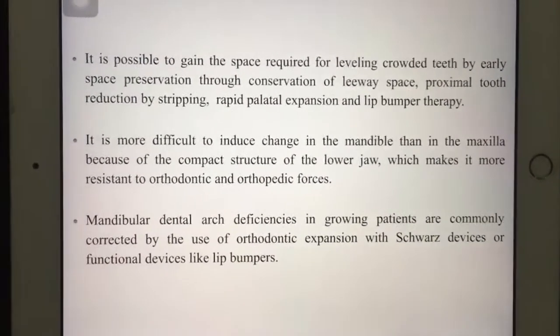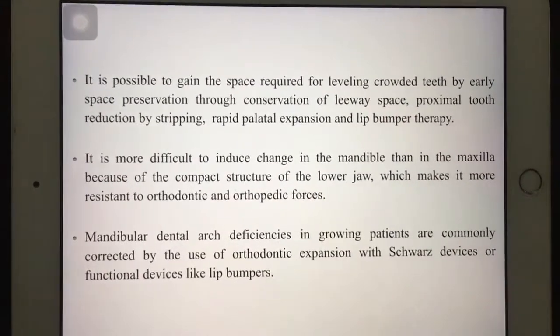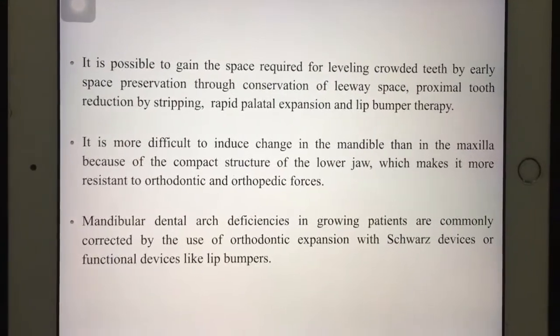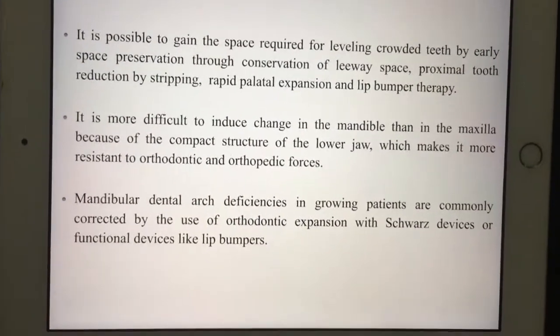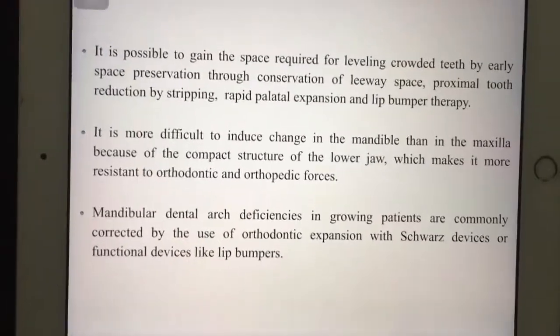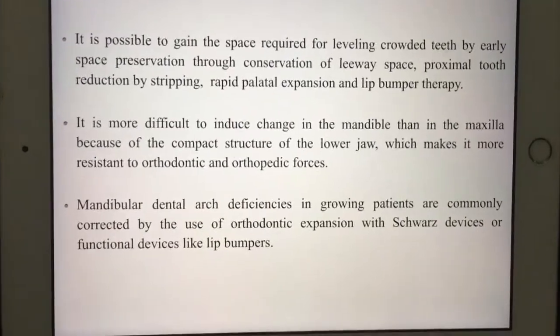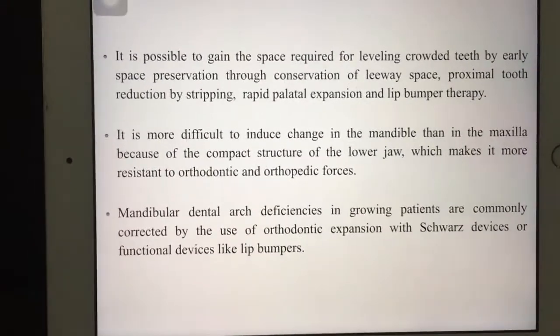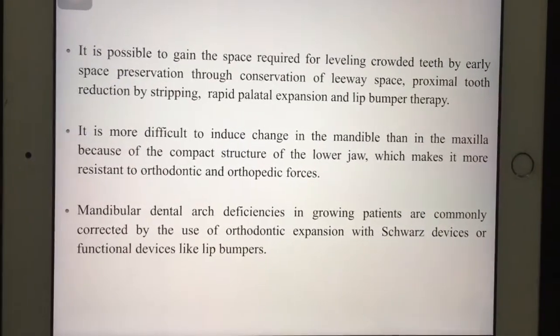So why is it more difficult to induce change in mandible than in maxilla? It is because the structure of the lower jaw is compact, which makes it more resistant to orthodontic and orthopedic forces. So, diba, yung lower arch, it doesn't have suture to close. So, the bone cannot be expanded.